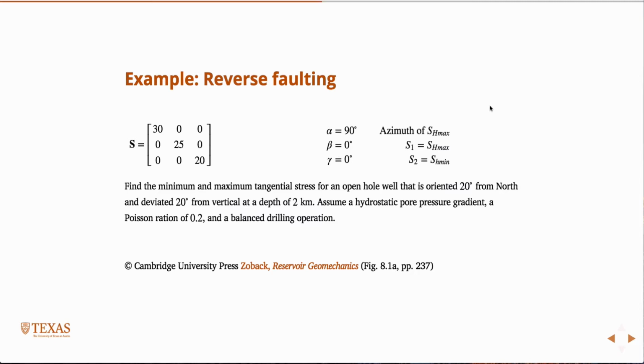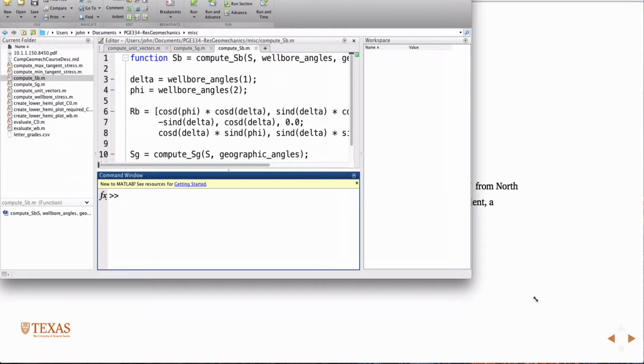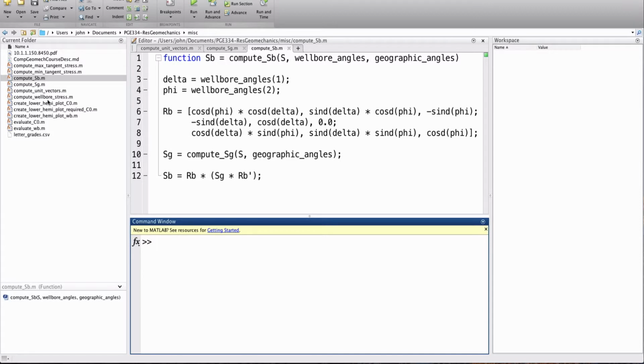So, if you go to Matlab, I have a function, compute SB. Right? So SB takes the principal stresses, the wellbore angles, and geographic angles, computes RB, okay, calls a function compute SG, which I defined already.